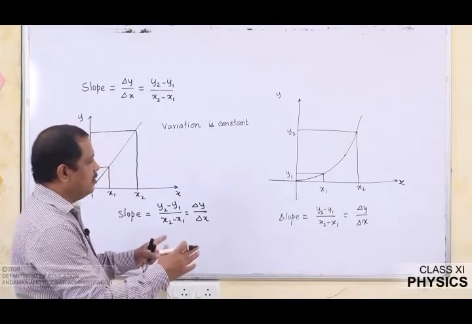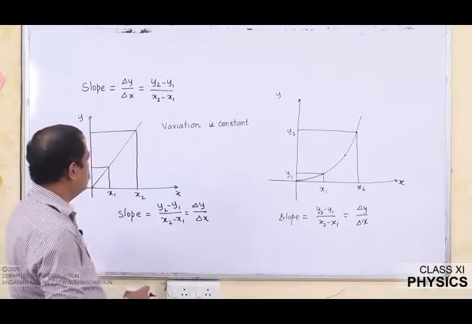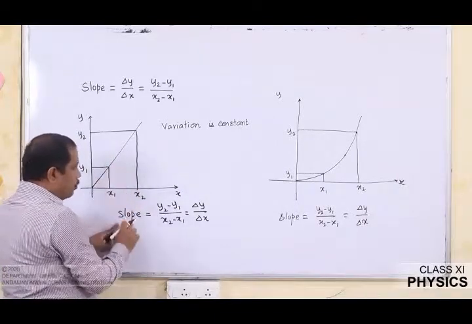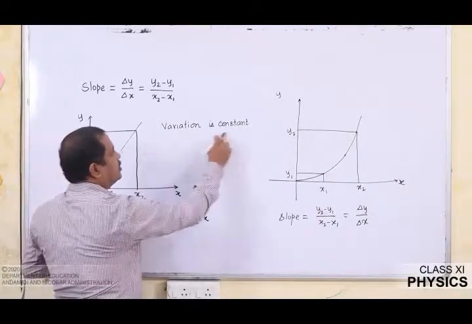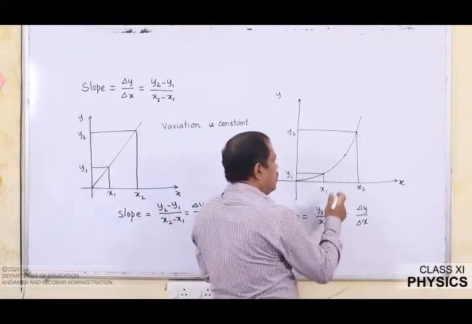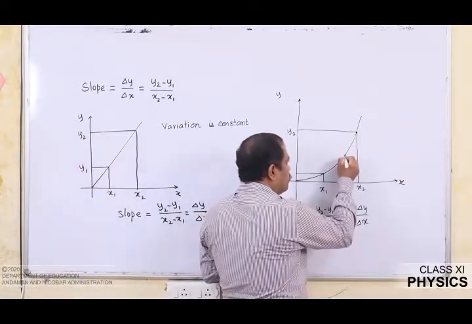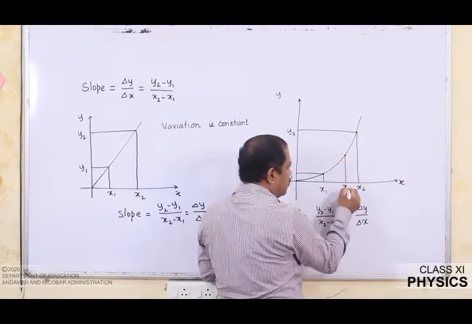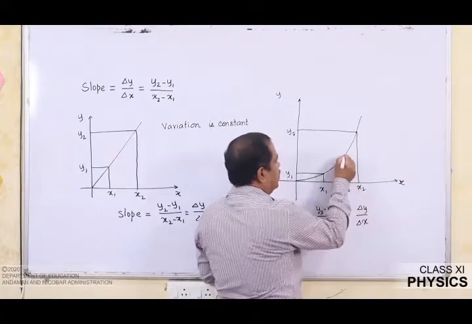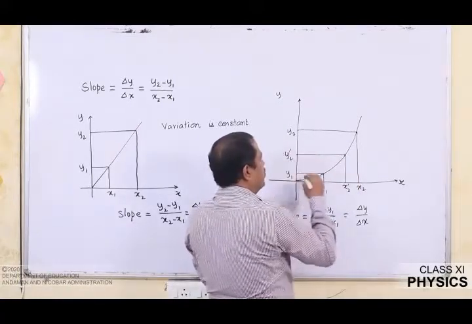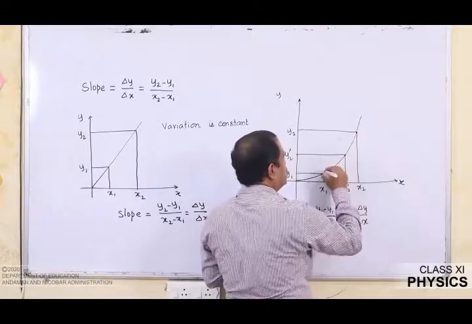So, primarily what makes the difference, if I ask the question? I said here as the interval changes, the slope remains constant, and therefore I said variation is constant. However, if I change the value of x, what I mean is if I change the interval, say this is x2 dash and here I have y2 dash, I know that the slope is going to change.